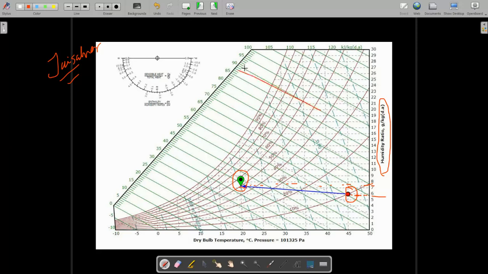This is cooling and humidification, because relative humidity is gradually increasing and temperature is decreasing. So this process is known as cooling and humidification, and we have to use a device for it.